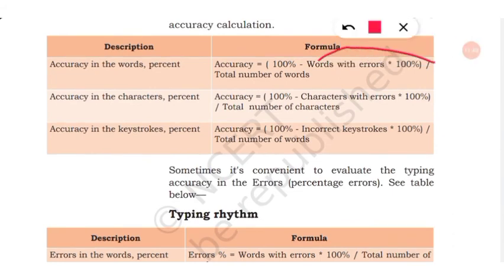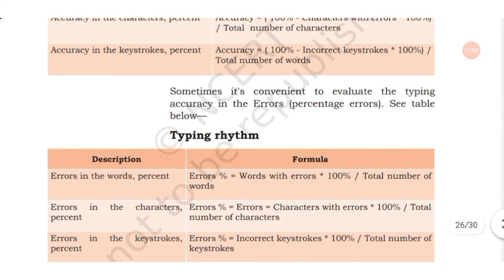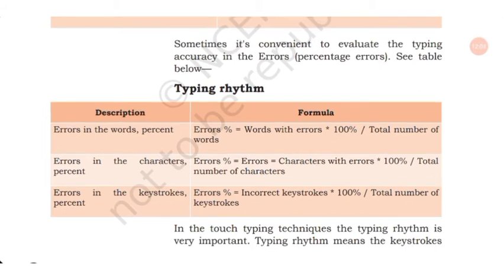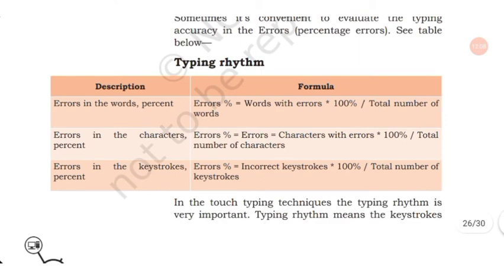This part is represented as error percentage, that is, words with errors into 100 by total words. Usually we can compute the percentage as what we got into 100 by total. So error percentage means words with errors into 100 by total number of words.